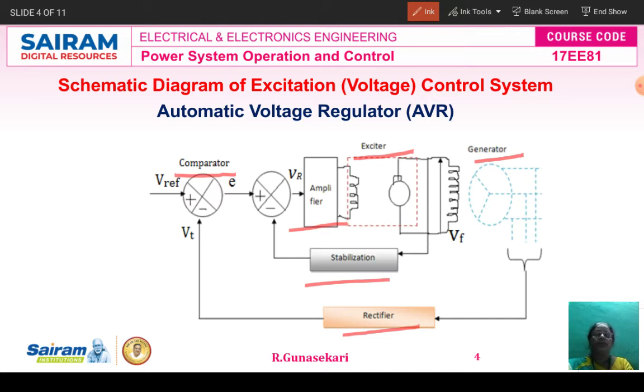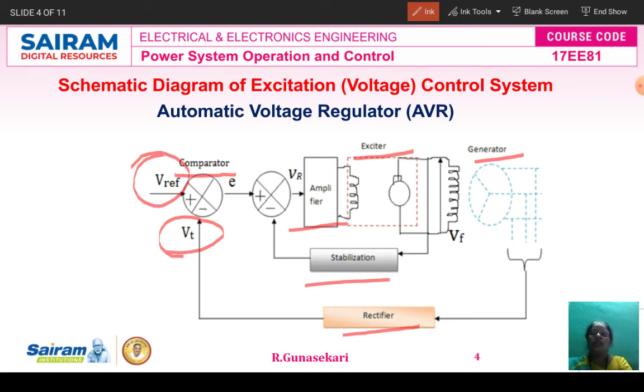First, the potential transformer is used to measure the voltage of the generator, that is the actual terminal voltage, which is represented by Vt. This voltage is rectified by the rectifier and fed to the comparator. The reference voltage is represented by V reference.